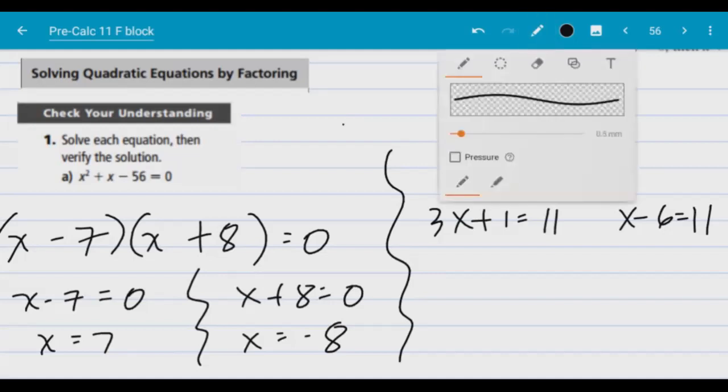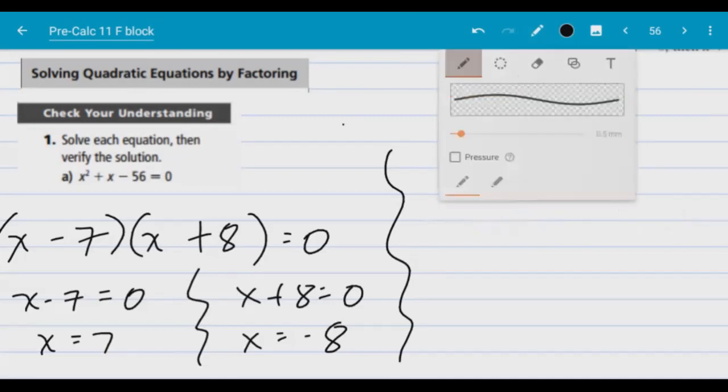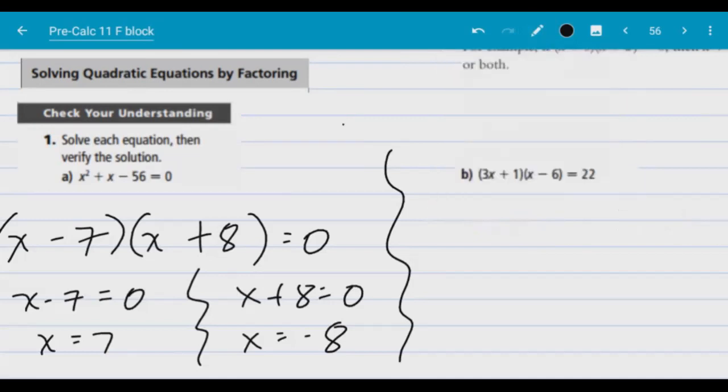So if you're thinking, all right, so what are we supposed to do? This is what should be done. First, see if you can expand these two. Meaning, see what you can do as an expanded form. So do the FOIL. That would be 3x squared minus 18x plus x minus 6 equals 22.